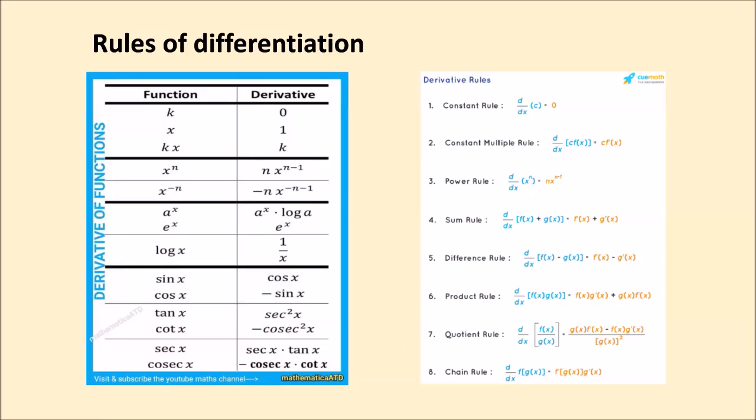For example, the derivative of a constant is 0 because function values don't change. Delta f and df are always 0. The derivative of a monomial x to the n is n times x to the n minus 1.